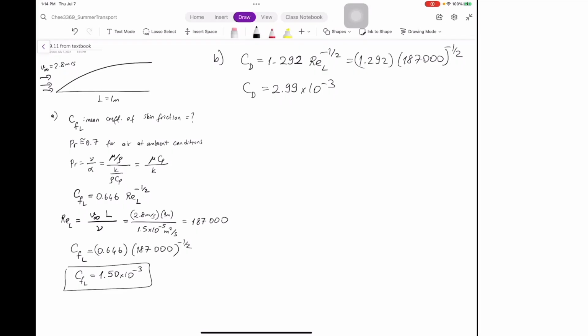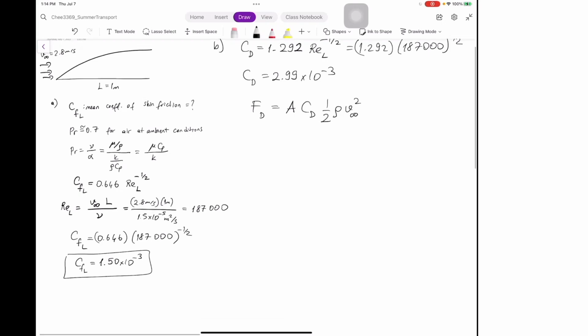The drag force is going to be the area times the CD times the average kinetic energy, 1/2 rho V infinity squared, the average kinetic energy per unit volume.